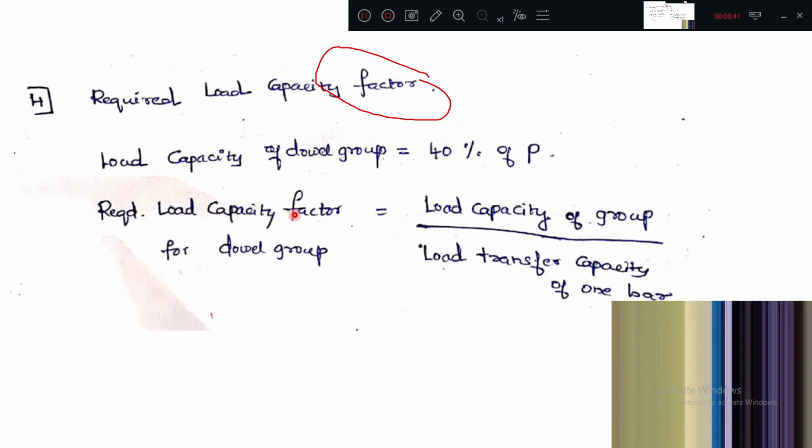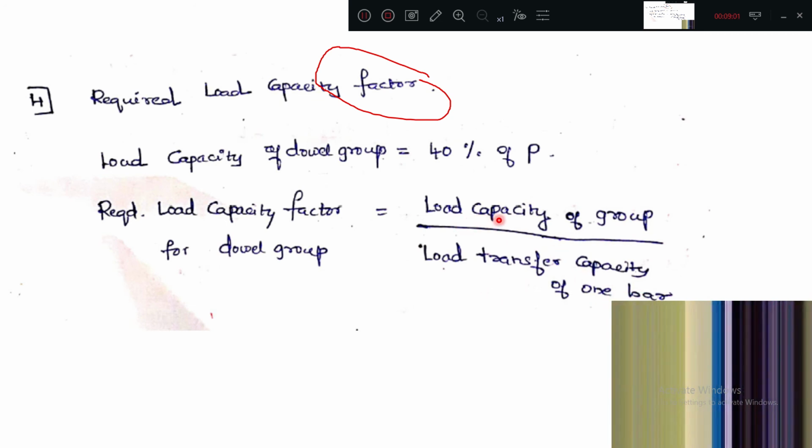Required load capacity factor for the dowel group is equal to the load capacity of the group divided by the load transfer capacity of one bar.